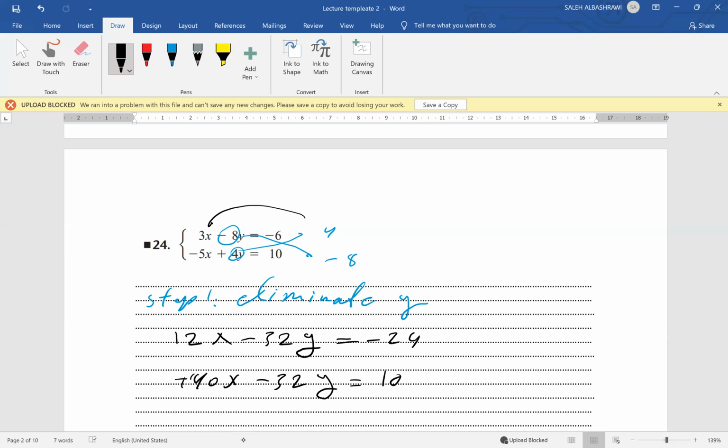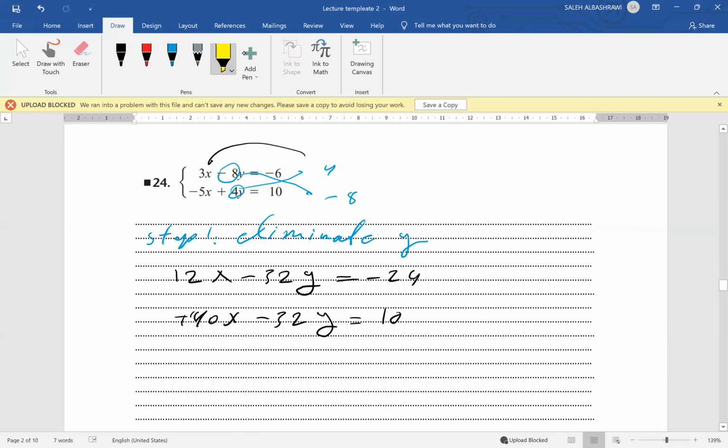And to eliminate y, you can see that we have the same sign. This is minus and this is minus. So if we add them together, this will not eliminate the variable y. So we can subtract. Subtract means we are going to change the signs for each one of them.